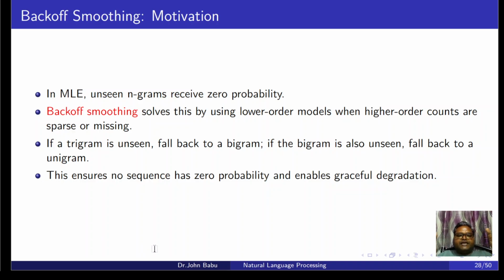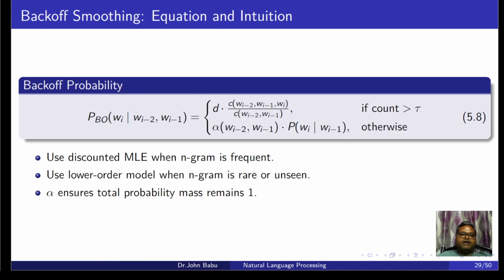Suppose an n-gram is not seen in the training data, assign the n minus 1 order probability. That is known as Backoff, falling back. So the Backoff probability, suppose it is a trigram, you are trying to find P(wi | wi-1, wi-2). If that probability is greater than some threshold tau, then you use a discounting factor.